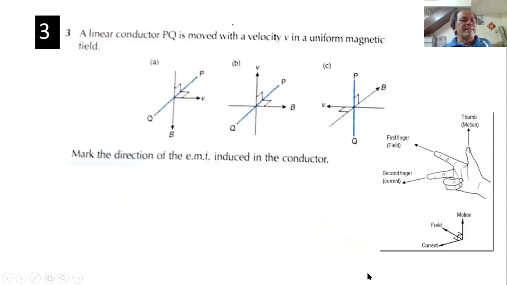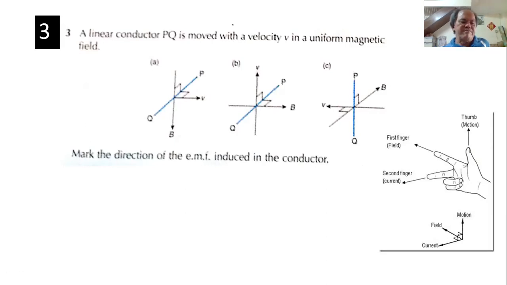Okay, a linear conductor PQ is moved with a velocity v in a uniform field. Mark the direction of EMF induced in the conductor. Okay, for A, the conductor is moving to the right with velocity v.